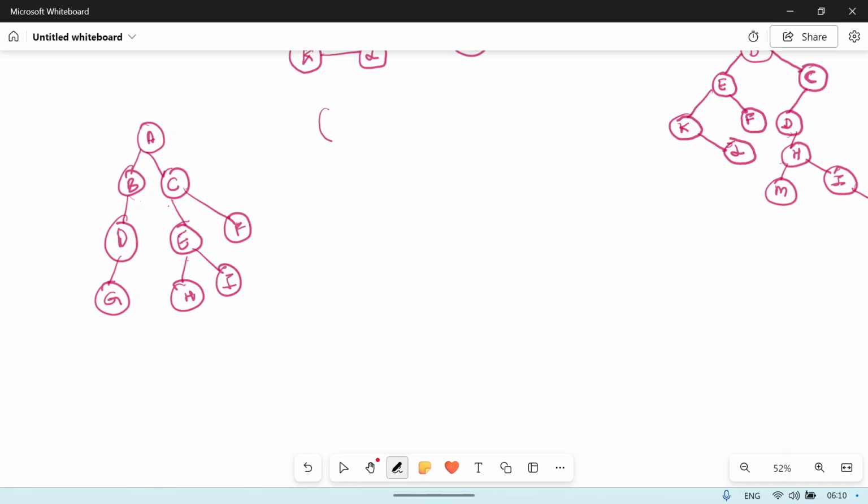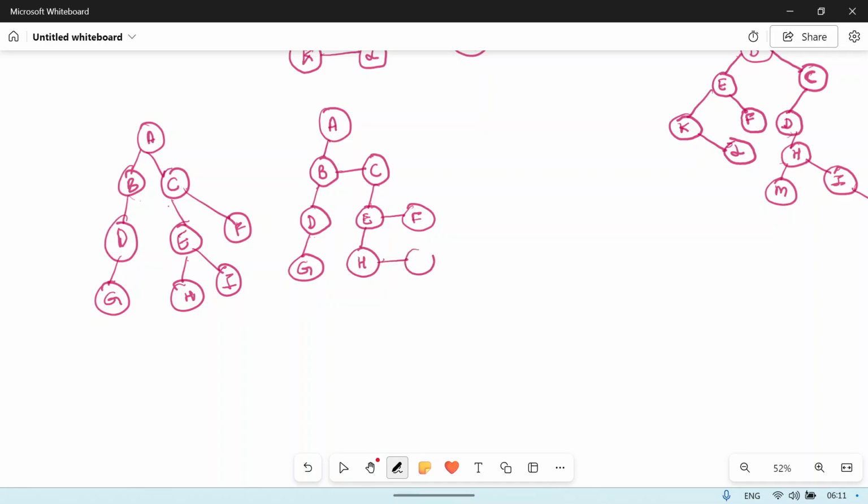I'll take A. Its left child is B. Its sibling, I'll write in the same line, C. Then B's child is D. D does not have any siblings, so leave it. Then G. C's left child is E. E does have a sibling, so this becomes F. Then E's left child is H. Its sibling is I.